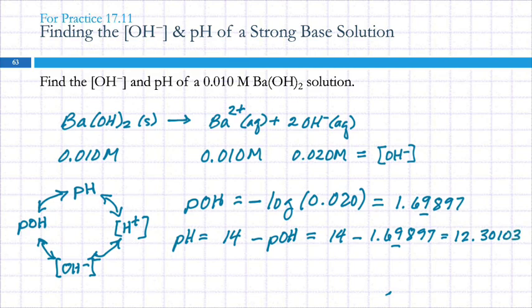And again, we want 2 decimal places. So our answer is the pH is 12.30. So that's one answer, and this is the other answer up here. Any questions? It's the 2 you have to watch out for.